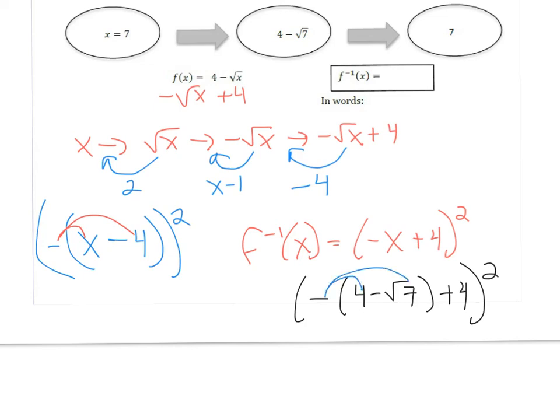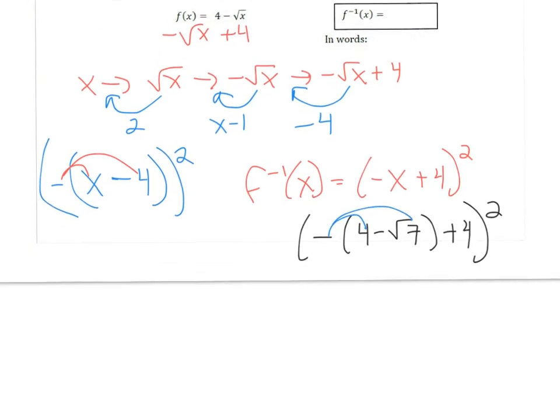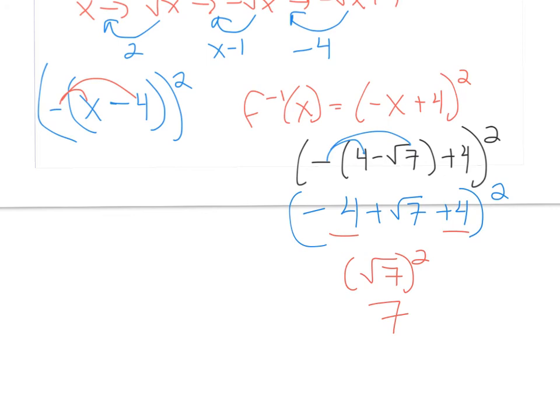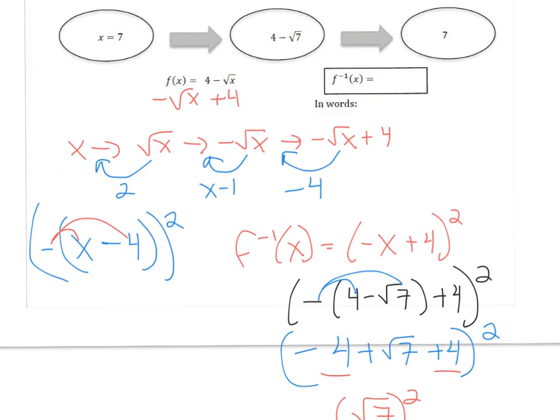This negative has to distribute. That gives us negative 4 plus root 7 plus 4, all squared. Negative 4 plus 4 is 0. So we have root 7 squared, which is 7, which, yippee, that's what we wanted to get. It worked. So our inverse function right here.